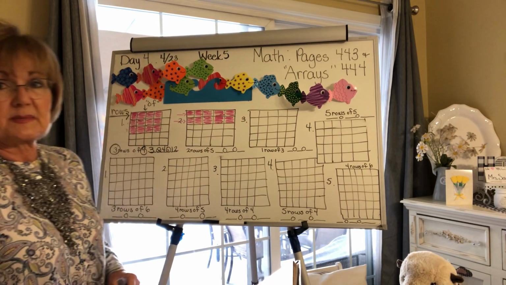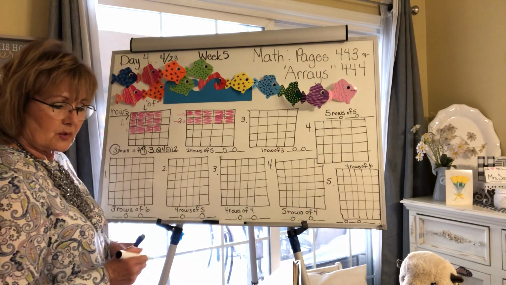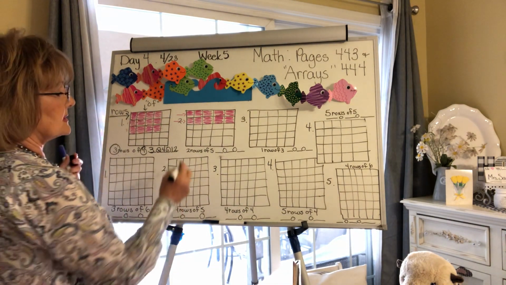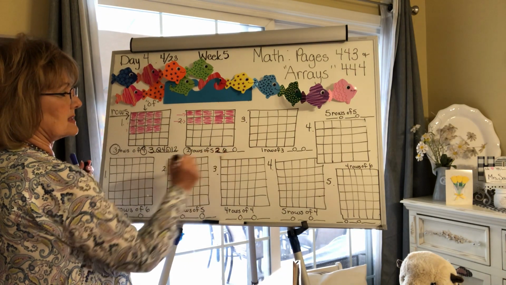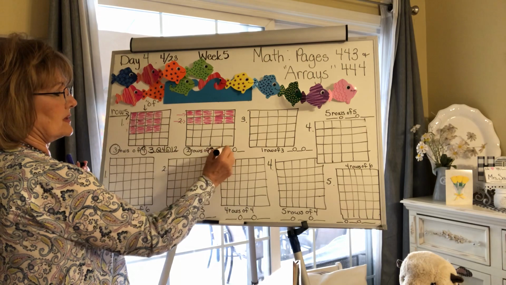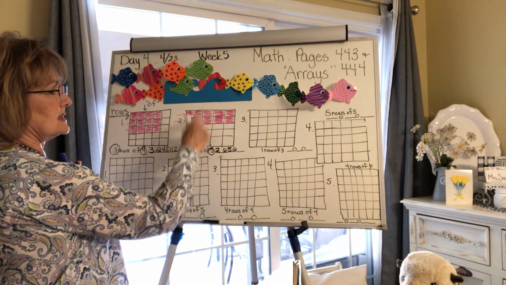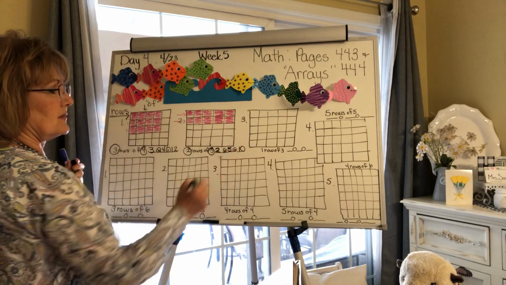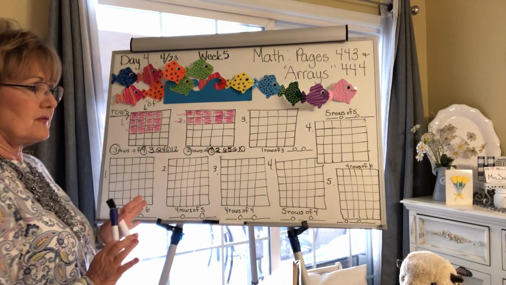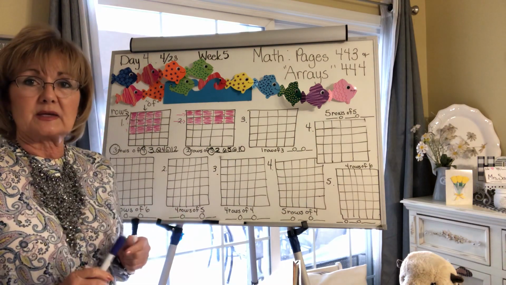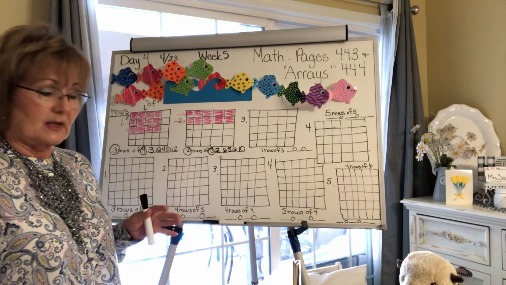You can pause me if this is going too fast at any time. Won't hurt me. All right, so I take my 2 times my 5 equals 2 5s, 5, 10. 2 rows of 5 equal 10. Okay, if you want to finish the rest on your own and come back and check it, this would be a good time to pause. Otherwise, you can just stay with us, okay?